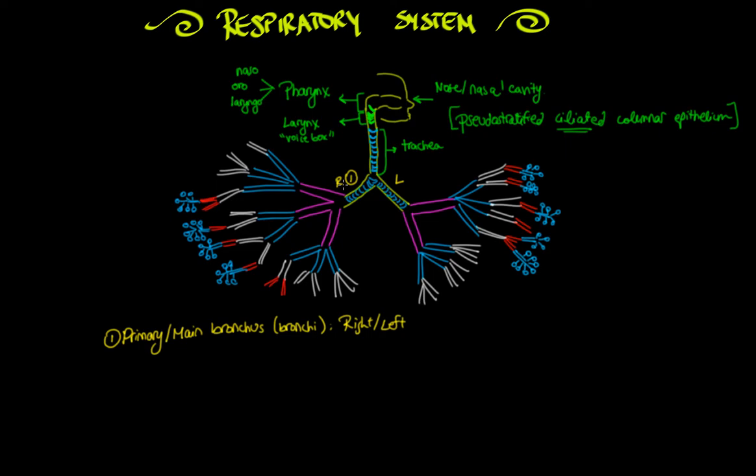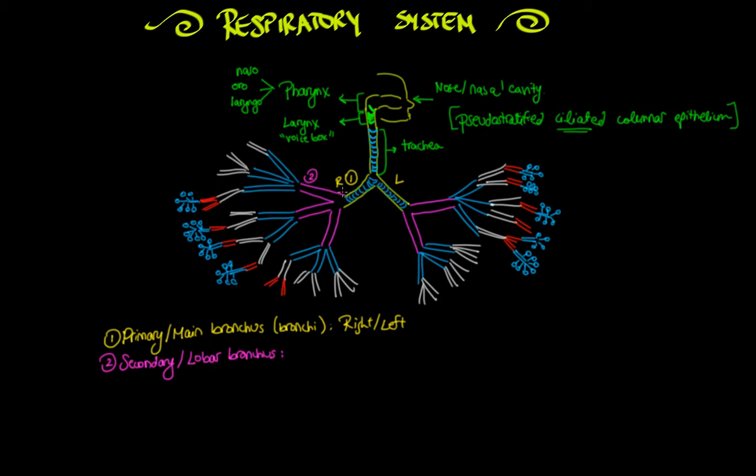Next up, each bronchus is then going to divide into even more branches. The next set of branches is what we call the secondary bronchi, also known as the lobar bronchi.